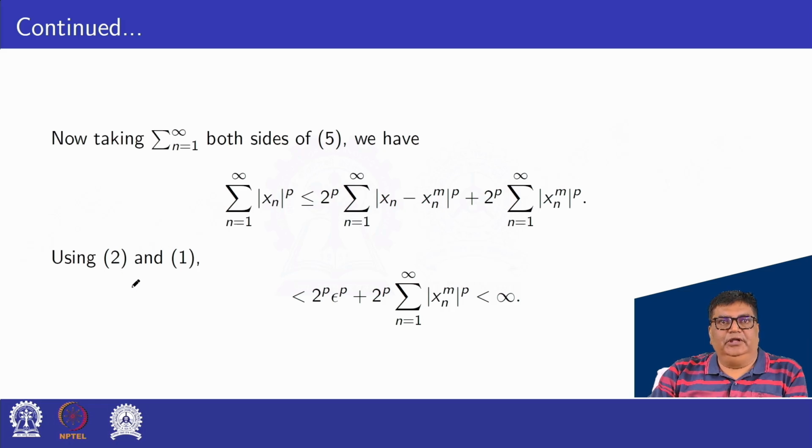So using equation 2 and equation 1, this one and this one, this is less than epsilon^p.